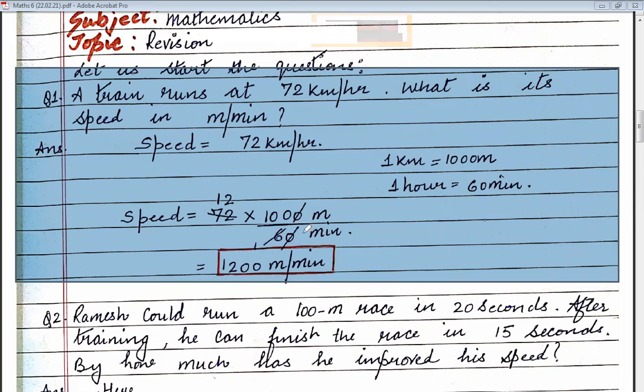So here 0 and 0 you will cancel, and then 6 12s are 72. So after multiplication with 100, your answer is 1200 meter per minute. Now children, you have to convert your units according to the question.